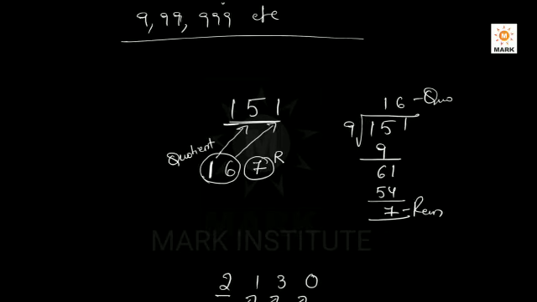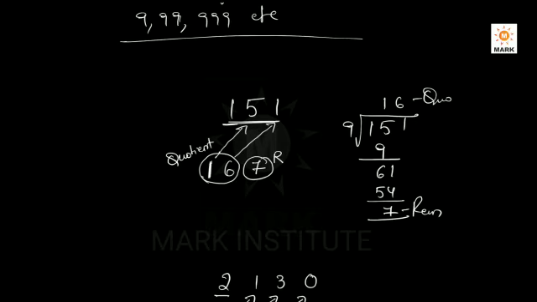Suppose you want to tell 151 divided by 9, what is the answer in decimals? We know 151 is not exactly divisible by 9, since the sum of the digits is not 9 or a multiple of 9.